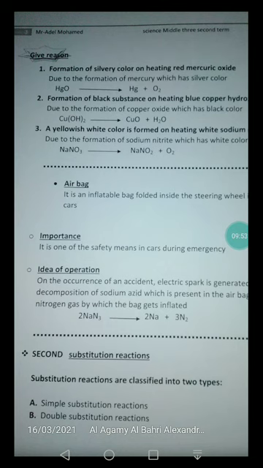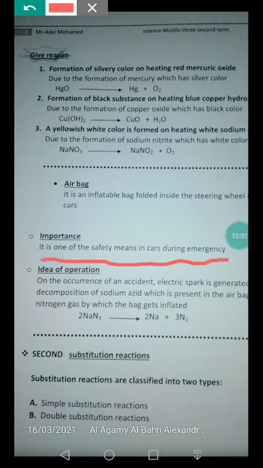So when we say the importance of the airbag, what is it? It is one of the safety means in cars during an emergency. On the occurrence of an accident, as we said, an electric spark is generated, causing the decomposition of sodium azide, NaN3, which is present in the airbag, and nitrogen gas is evolved.